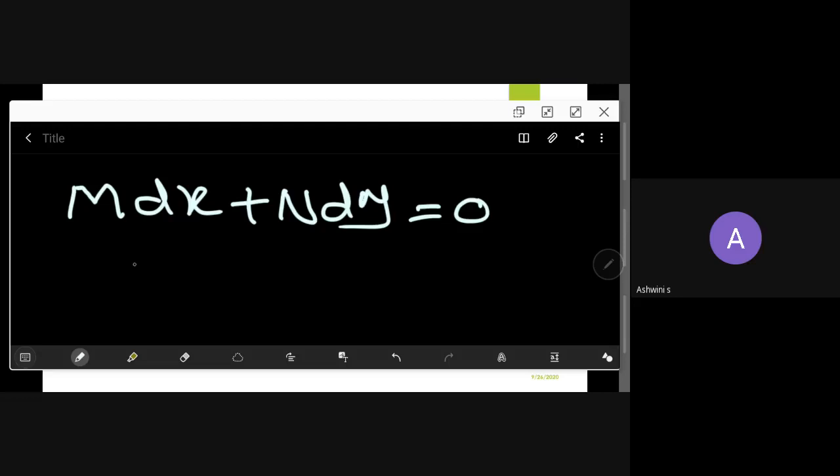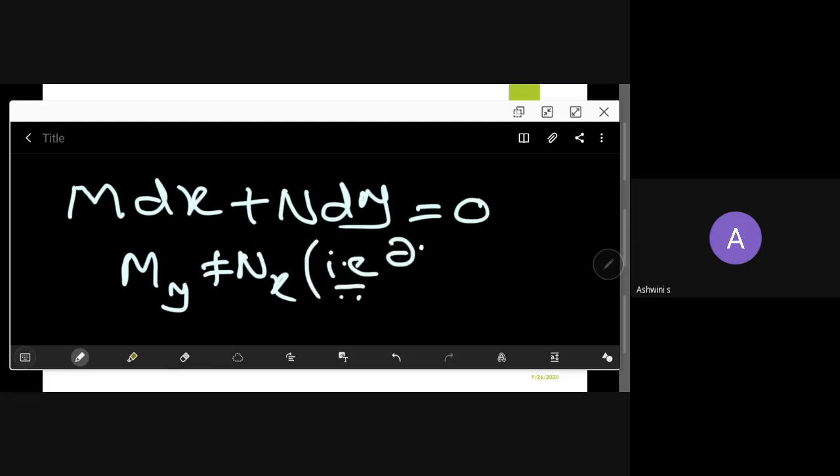Now see what is happening. M_y is not equal to N_x. I am writing a subscript here. What is the meaning of this? That is, ∂M/∂y is not equal to ∂N/∂x. In such a case, this is not an exact equation.